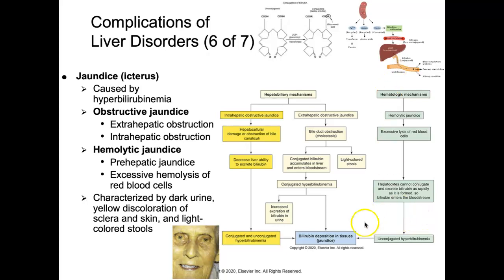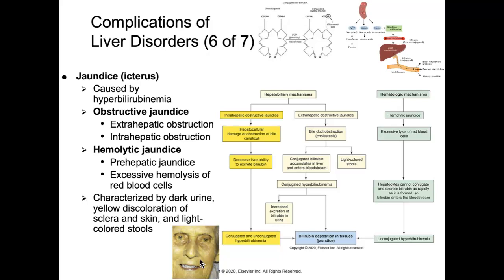Now, when we have an increase in the unconjugated hyperbilirubinemia, we are going to understand that it is not water soluble, and so we can't excrete it within our urine. So we may see a change within the color of our urine here too. All of that bilirubin is going to end up in areas of the sclera and the skin, and the reason we really get that yellowing of the skin is because bilirubin is going to start to attach to the elastic fibers, and we can also have it cause itching because bilirubin irritates the itch receptors here.